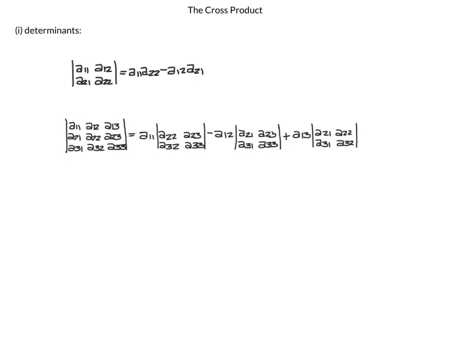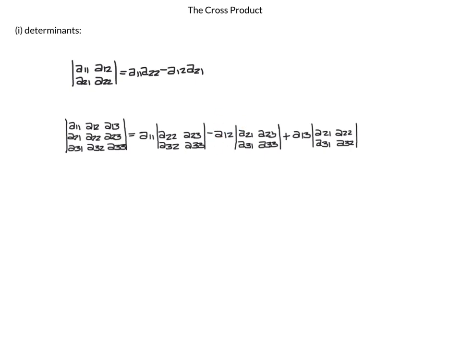So our first row is our coefficients. From there, we multiply by 2 by 2 matrices. To get the 2 by 2 matrix, we look at the indices and we delete the row and column, and we take the remaining 2 by 2 matrix. So for example, for a11, we're going to delete the first row, first column, because a11 comes from the first row, first column. And the remaining 2 by 2 matrix is what we multiply a11 by.